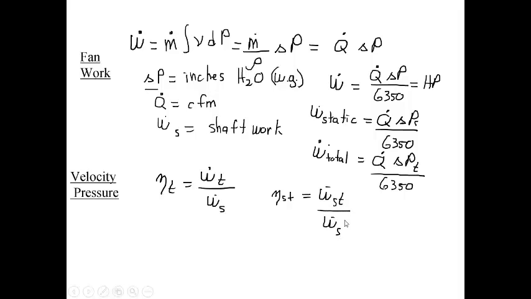The shaft work is again the power from the fan shaft, and then you're going to have two types of work: static work and total work. Static work is the amount of work necessary to overcome the static pressure, and the total work is the work necessary to overcome the static pressure and also induce a velocity.